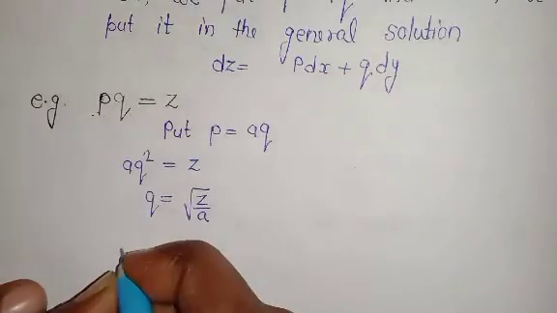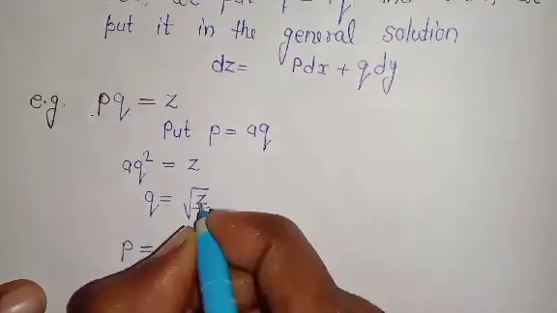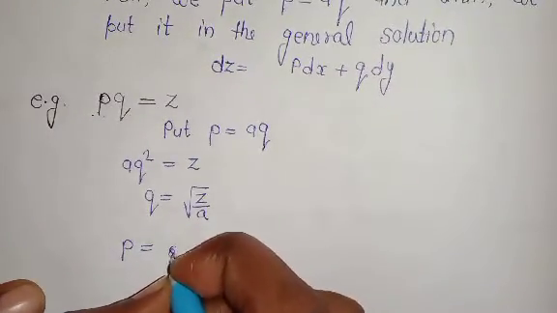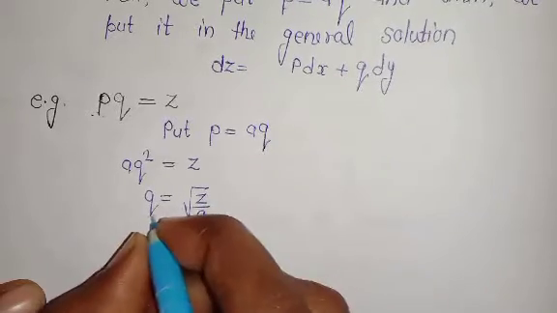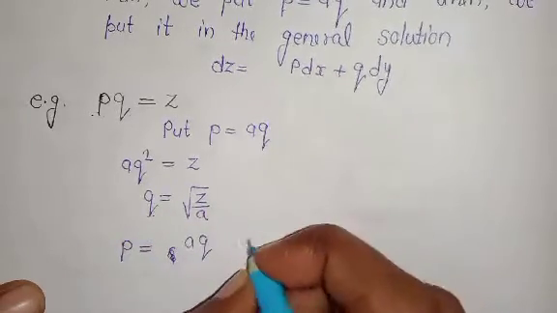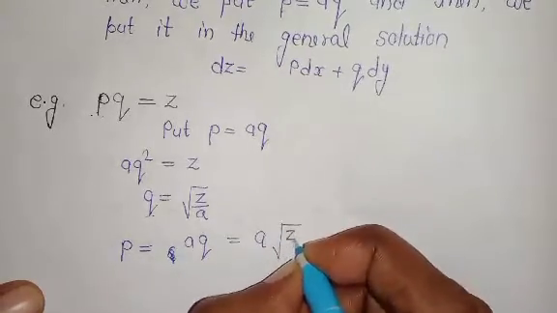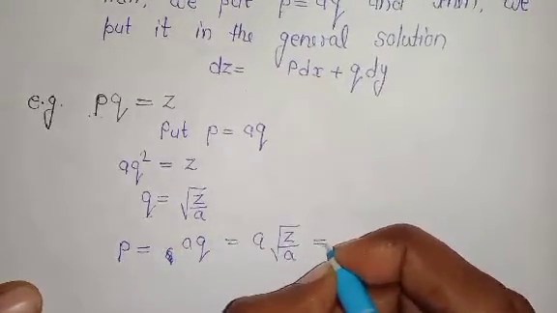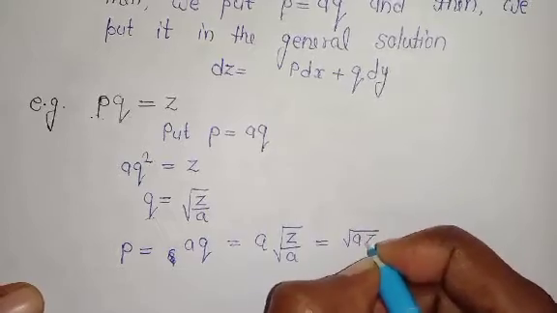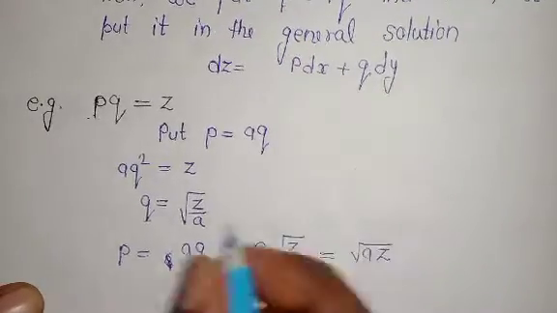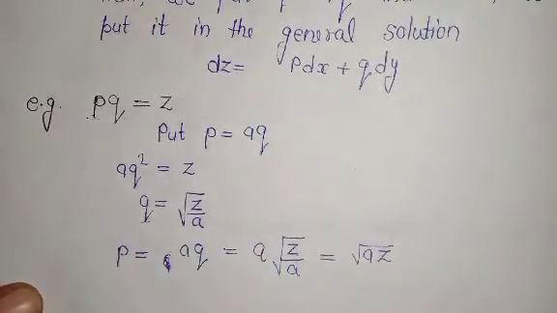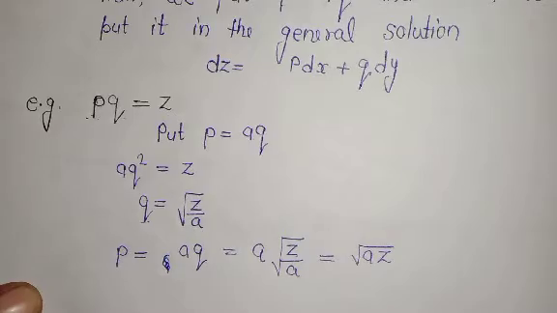Now if we find the value of p, then p was aq, and in the place of q we can put root z by a. So this becomes a root z by a, and after solving we get root az. So this is the value of p, this is the value of q. We can put these values in the general solution, and then after integrating we can find the exact general solution.